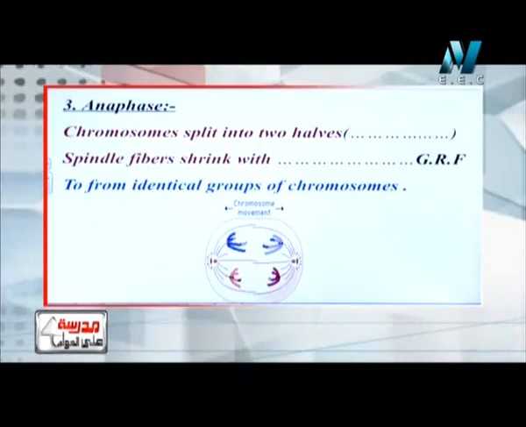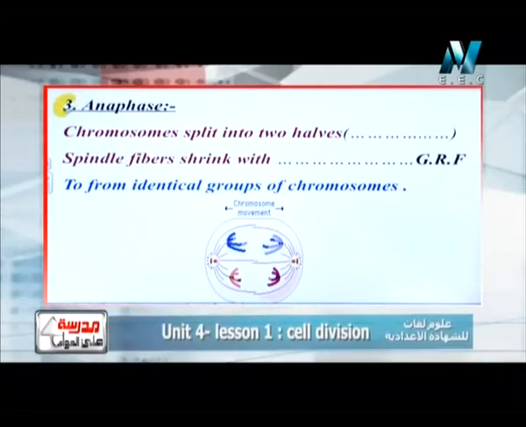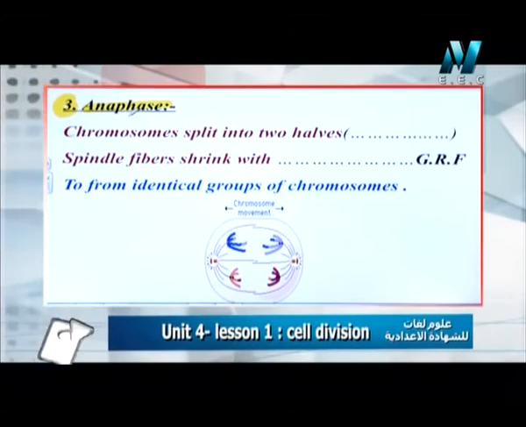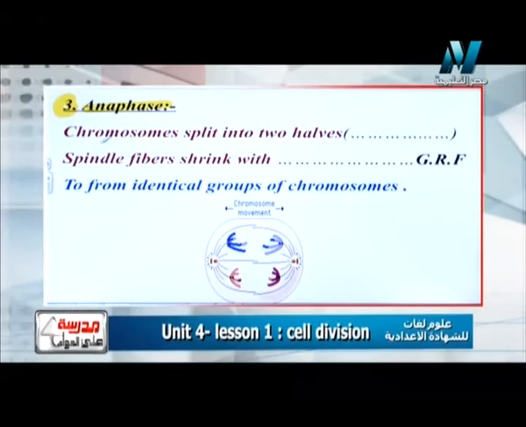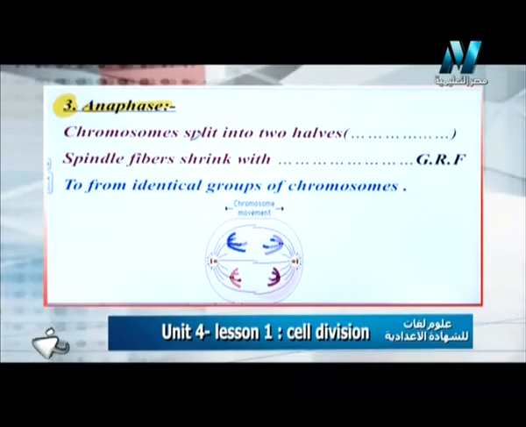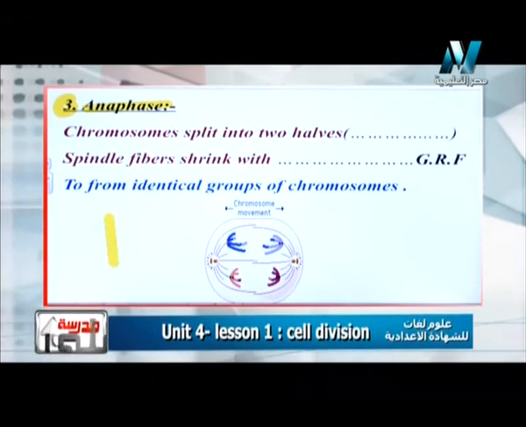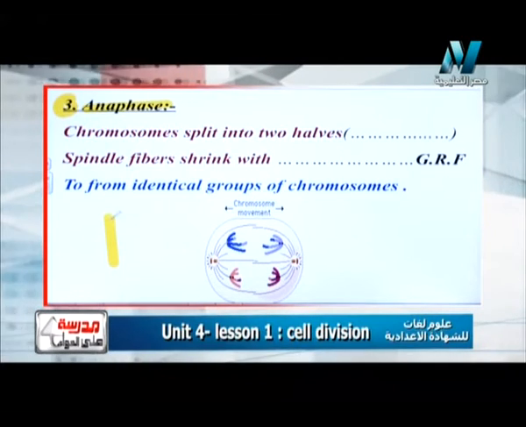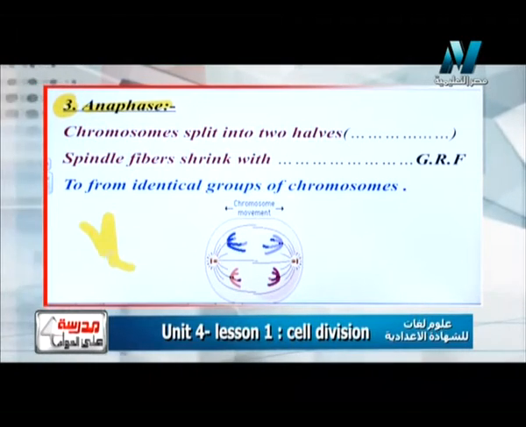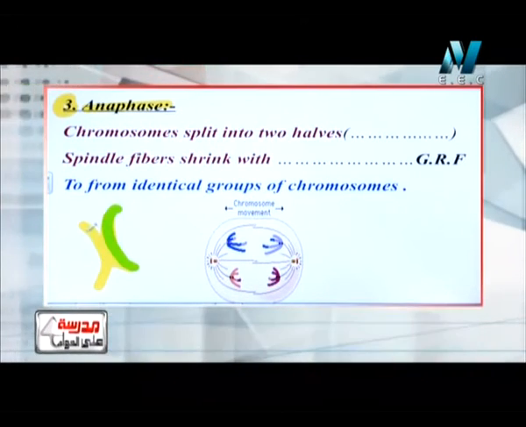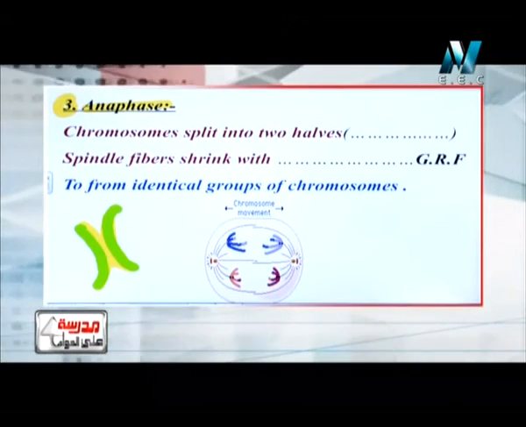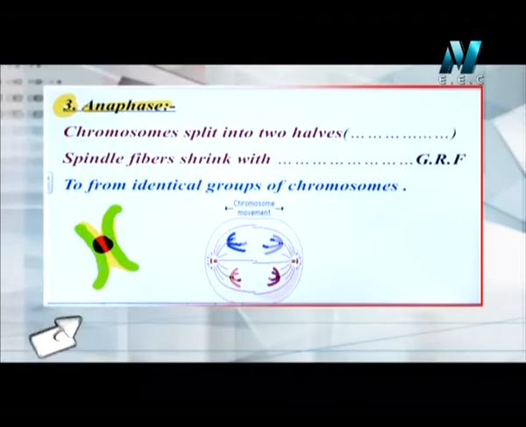The third stage is called anaphase. Here the chromosomes split. The chromosome we took has 2 chromatids and 1 centromere.